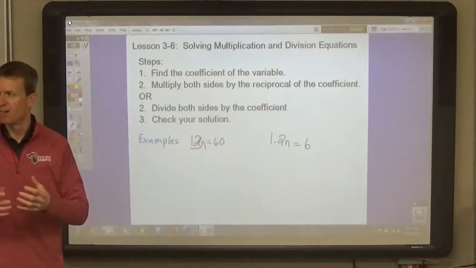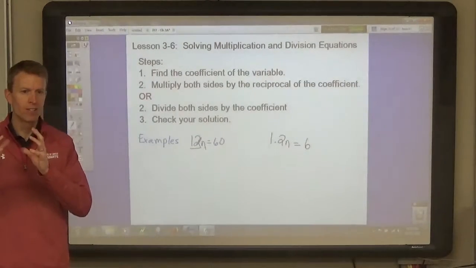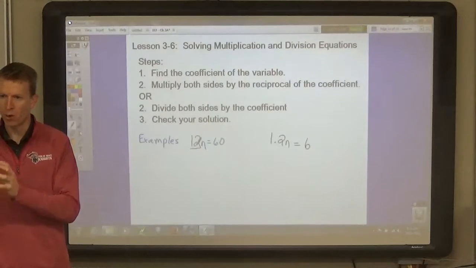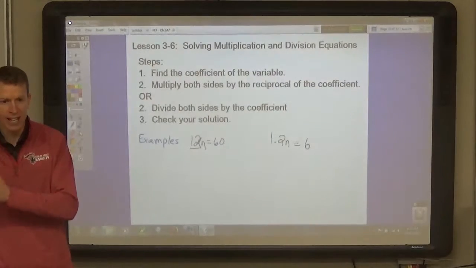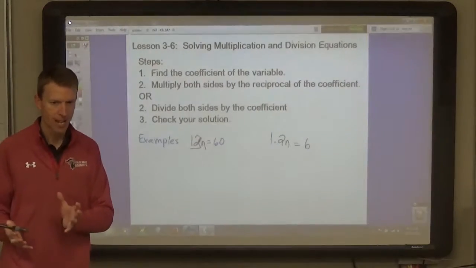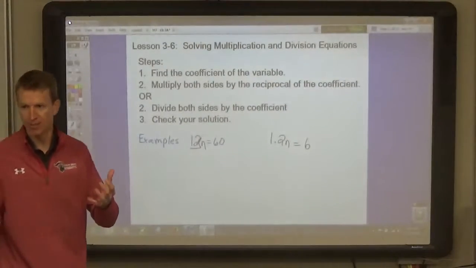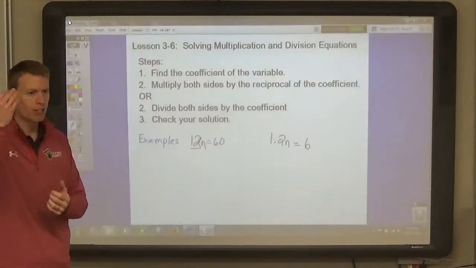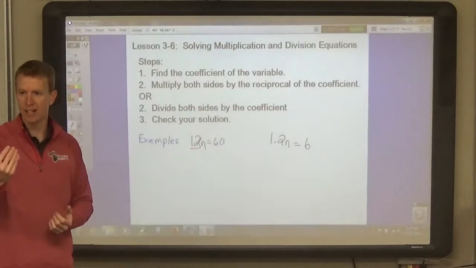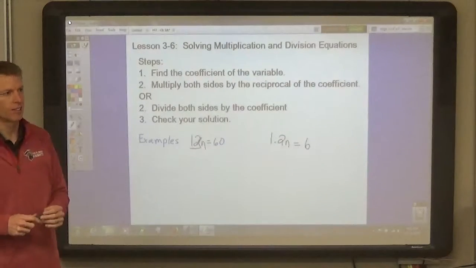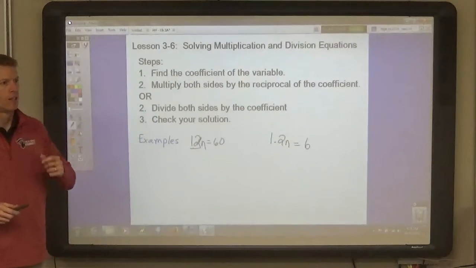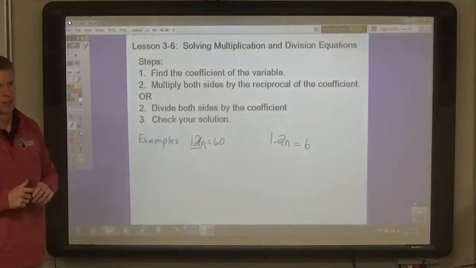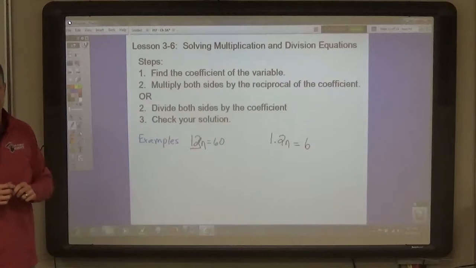So if you have 12 and you multiply it by 1/2, or get half of 12, what do you get? Half of 12 is 6, right? But if you divide it by 2, that's the same thing. 12 divided by 2 is 6. That's a half 2, right?